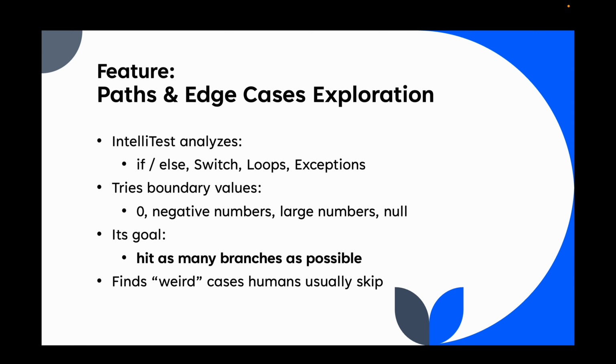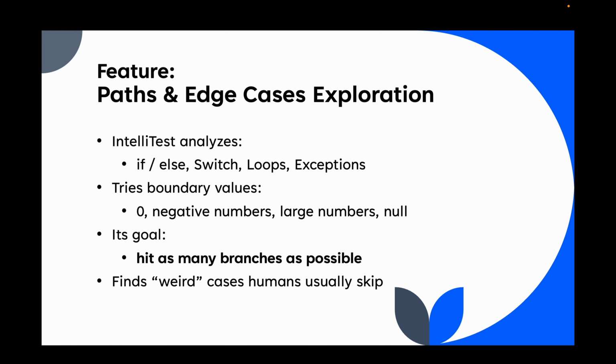For example, if there is an if condition that checks for a negative number, IntelliTest will try a negative value. If it checks for null, it will try passing null. If there's a boundary like x is greater than or equal to 100, it will try values around that boundary. This is where IntelliTest shines, because humans are pretty bad at thinking of every weird edge case.